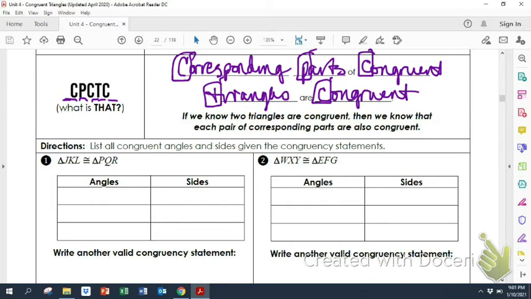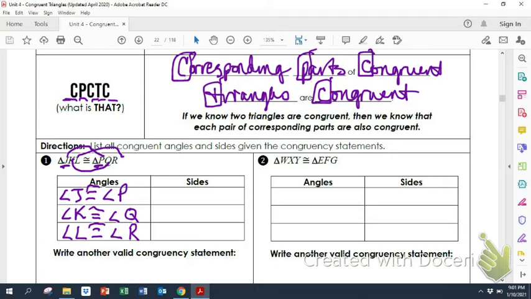If I know that angle J is the first one and angle P is the first one on that one, I can write that angle J is congruent to angle P. And I can say that angle K, the next one, is congruent to angle Q. And finally I can say that angle L is congruent to angle R. So notice it was just a matter of lining up my angles in order.